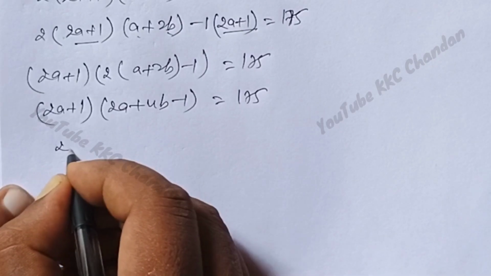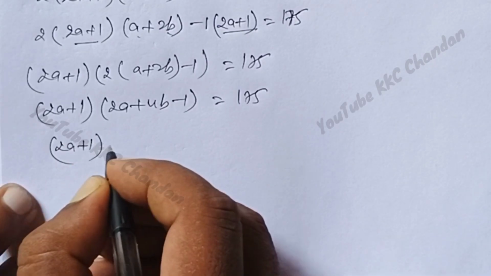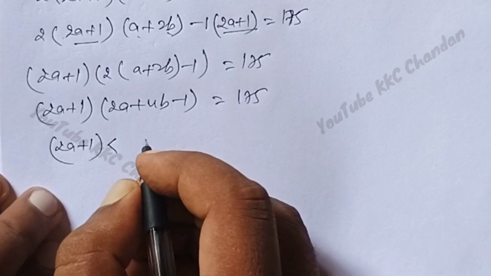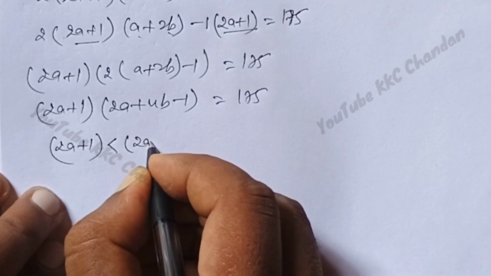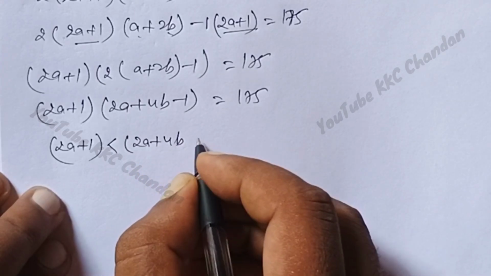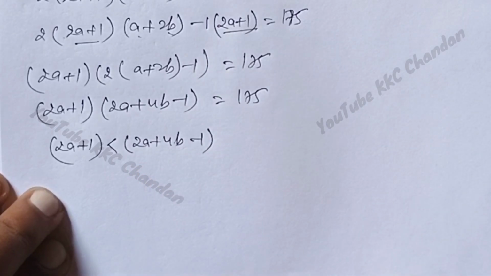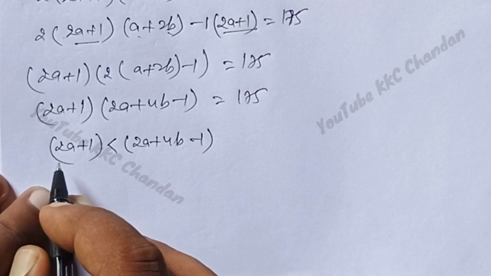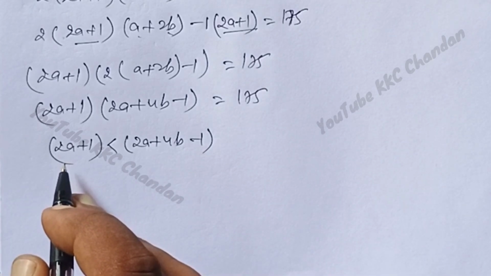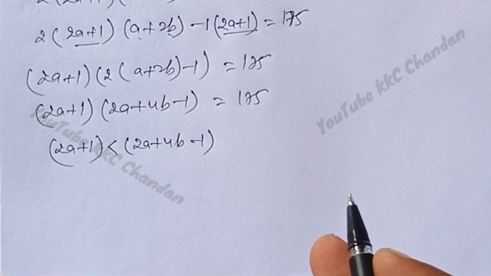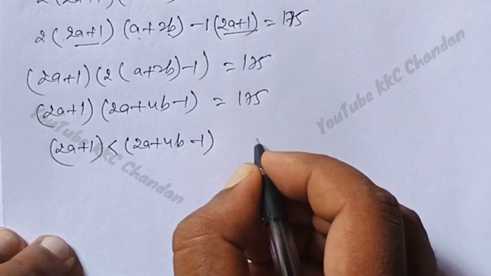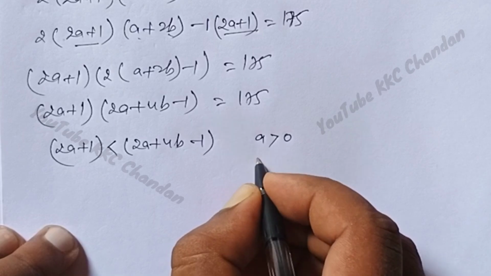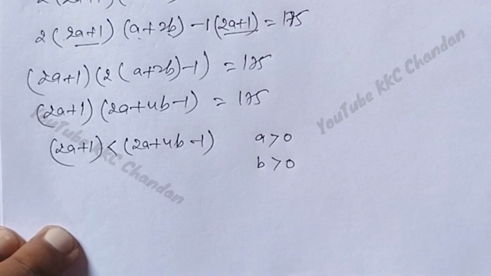Here, 2a plus 4b minus 1 is greater than 2a plus 1, because a is greater than 0 and b is greater than 0.